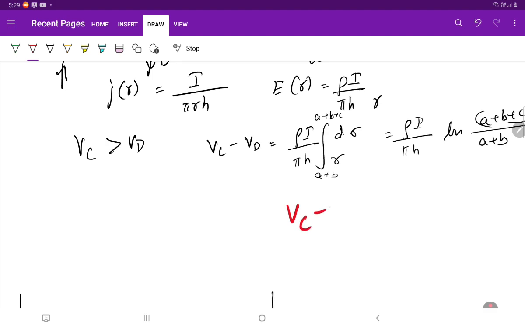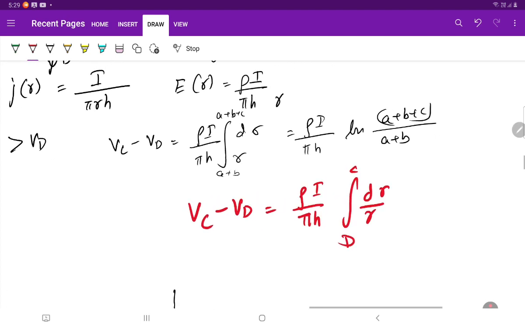So I can say Vc minus Vd is equal to rho I by pi H integral dr by r from C to D, but with a negative sign. Or better write it from D to C, because we are going in the opposite direction from D to C. So I can say it to be rho I by pi H ln.